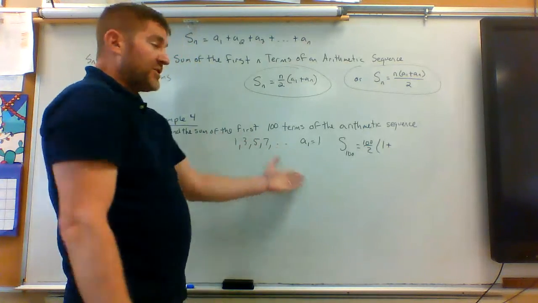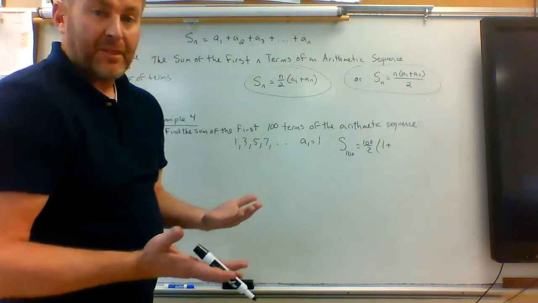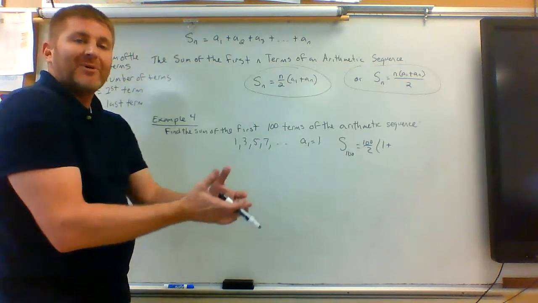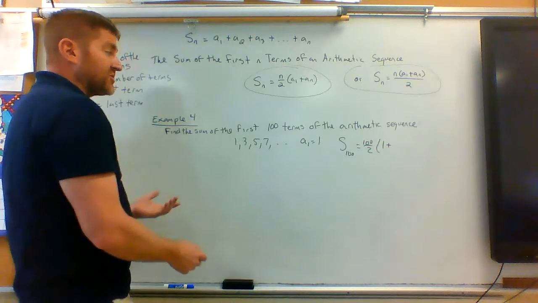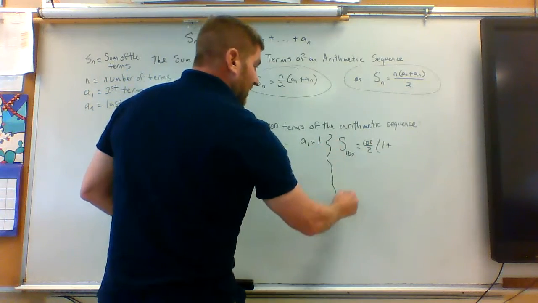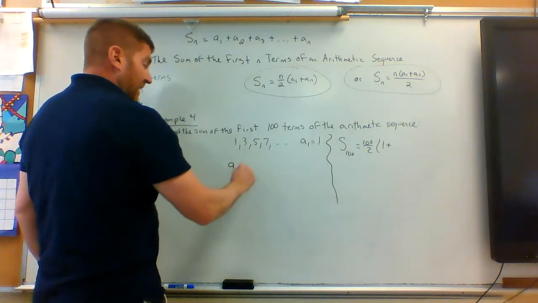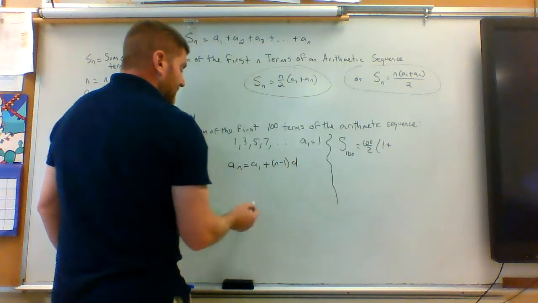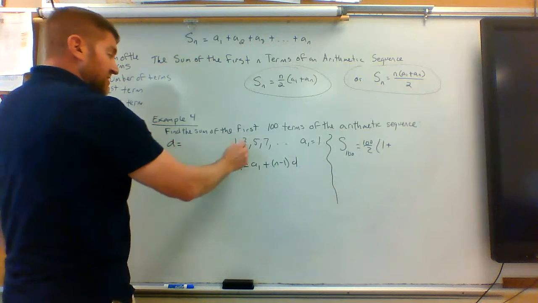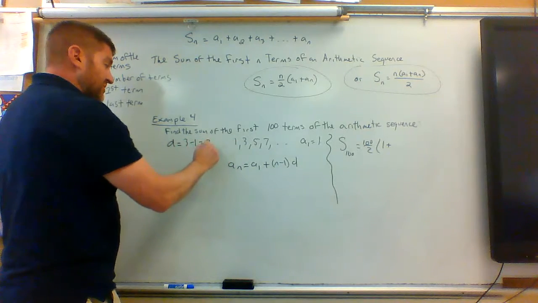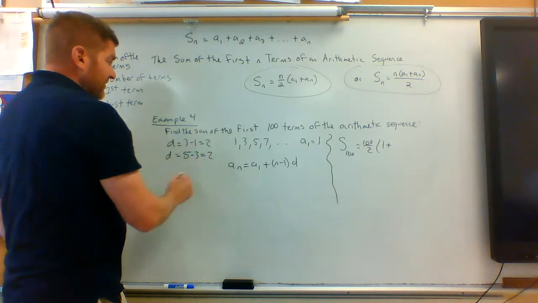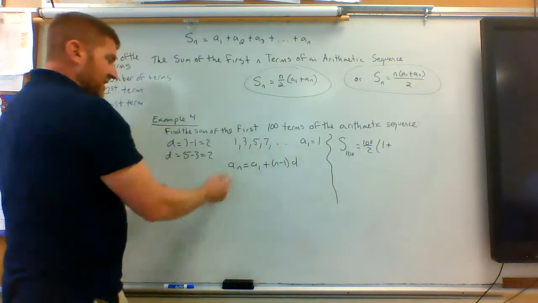Well, maybe some of you can look at this and kind of figure it out. But if I want to find the 100th term, then I'm going to rewrite my explicit formula. So I've got to do a little scrap work before I finish this. a sub n is a sub 1 plus n minus 1 times d. Well, d, if you recall, is your second term minus your first, which is 2, your third term minus your second, which is still 2. If you look, you add 2. So I already know d is 2.